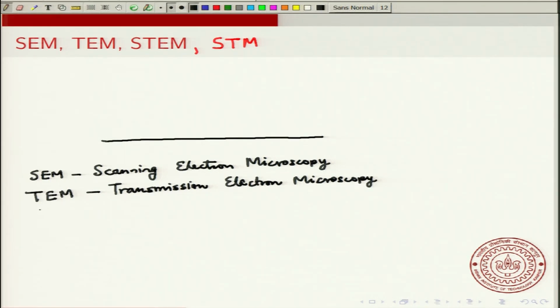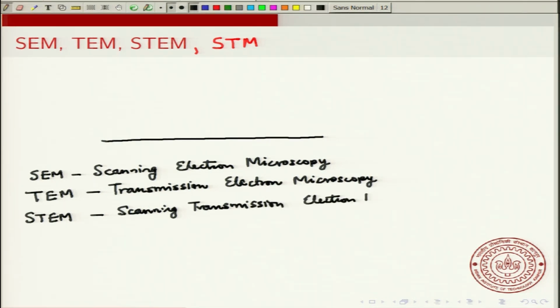STEM stands for scanning transmission electron microscopy.